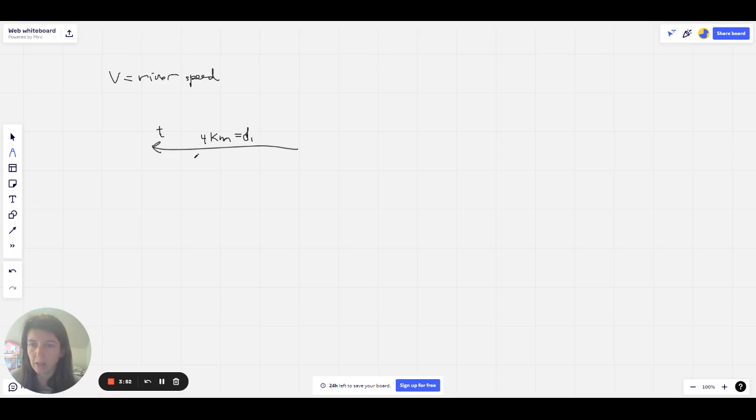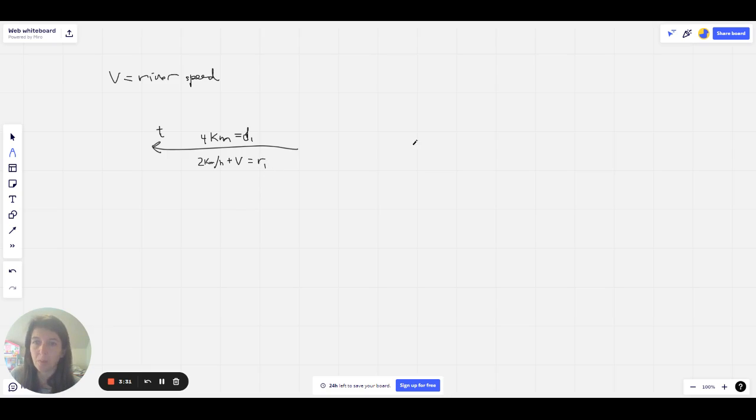The speed going downriver is 2 kilometers per hour in still water plus v, the river speed. We're going to call this speed R1.